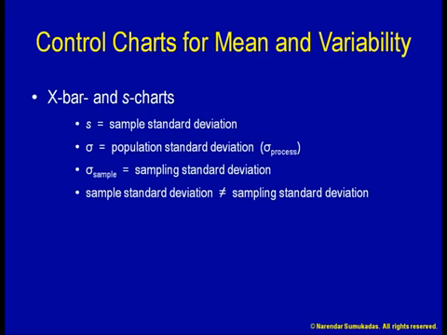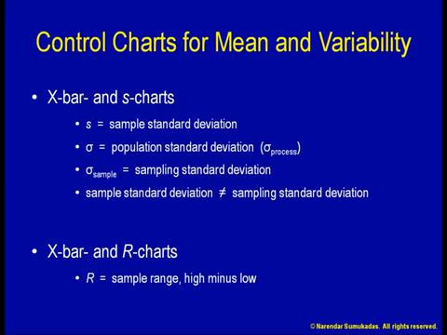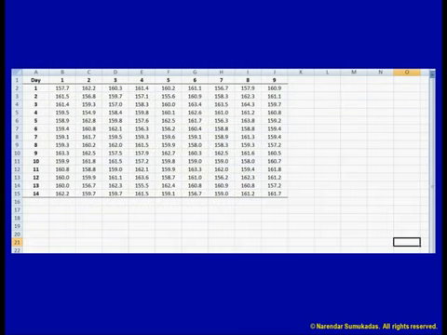Now, if our sample sizes are relatively small, say less than or equal to 10, an easier alternative to the S chart is an R chart. In this chart, rather than the standard deviation, we use the sample range, that is high minus low, to inform us about the process variability. To plot the Xbar and the R charts, I start out as before with my observations.